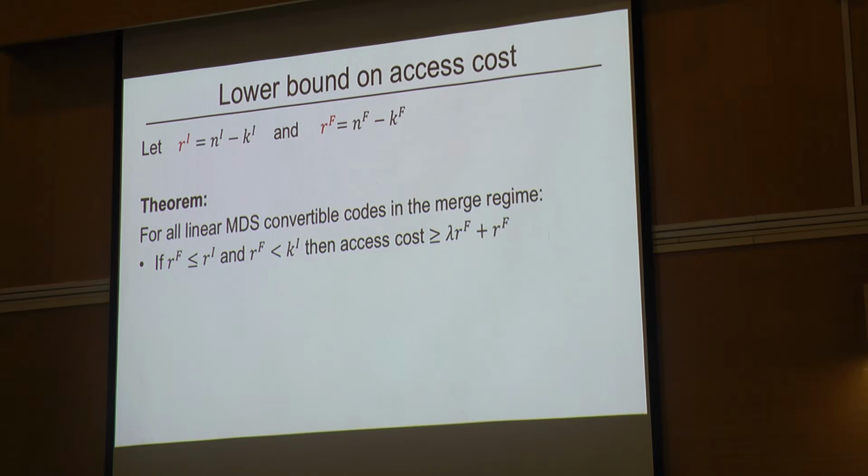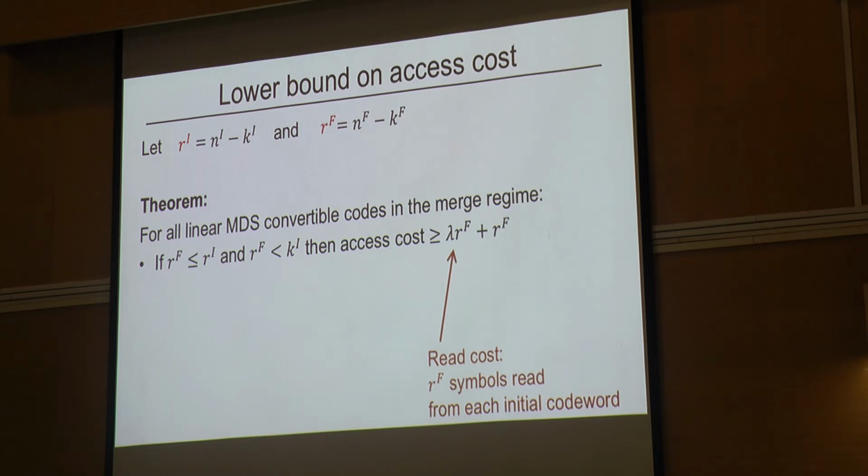So for all linear MDS convertible codes in the merged regime, the access cost is as shown. So if RF is less than or equal to RI, and if RF is less than KI, then the access cost is as shown here, which is the sum of two quantities. The first term is basically the read cost.